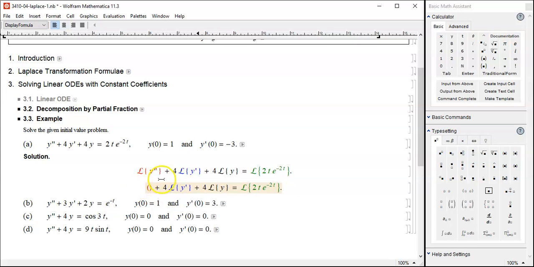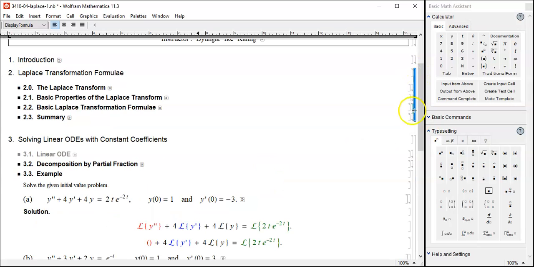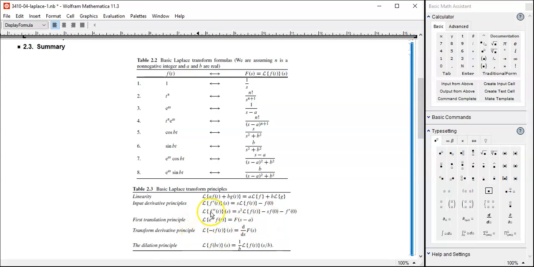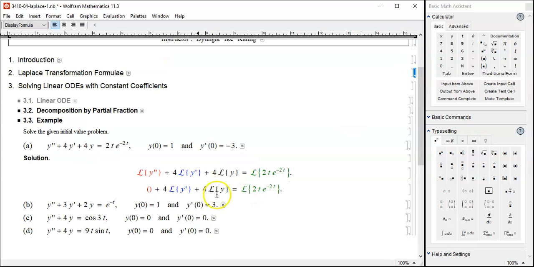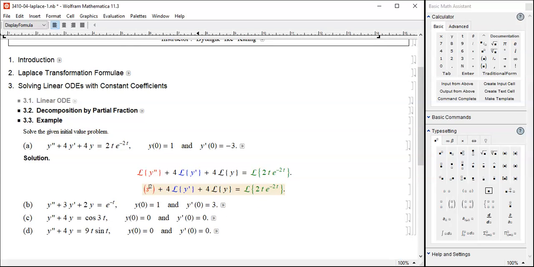Do you recall this Laplace transform formula for the second derivative? It's s squared Y minus s y of 0 minus y prime of 0. Why am I losing color? Never mind. Let's just start with black.